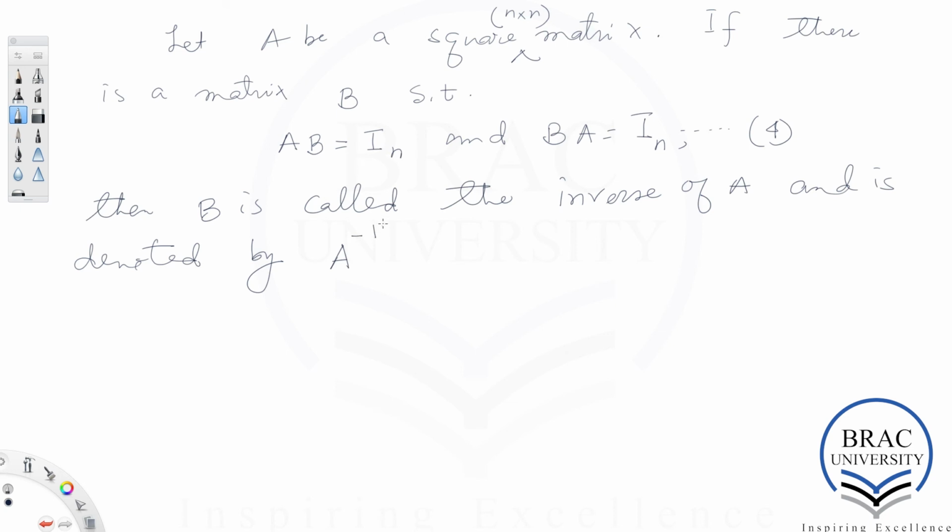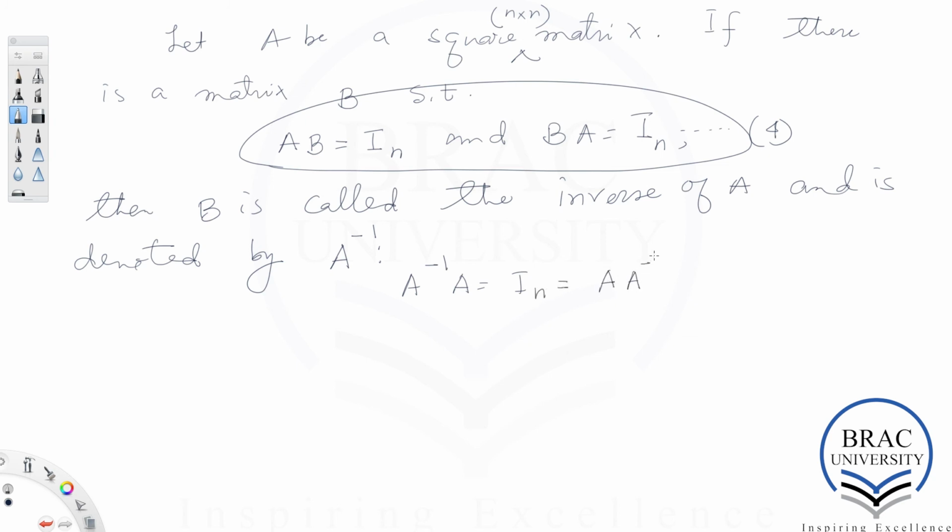But you don't call it A to the minus 1, you just call it inverse of A. Okay, so from 4, we are just replacing B with A to the minus 1, or inverse of A. Nothing new. Inverse of A times A is I sub n, which is also the same as A times the inverse of A, which we call 4 prime.